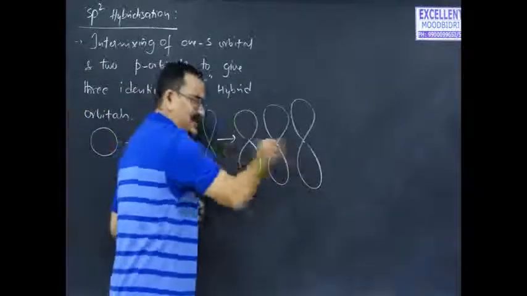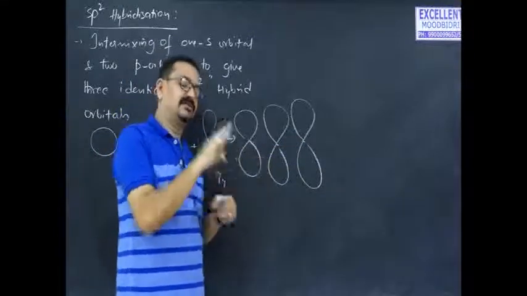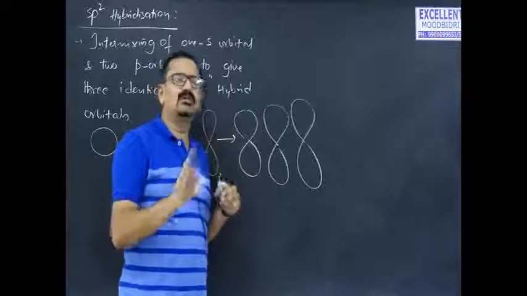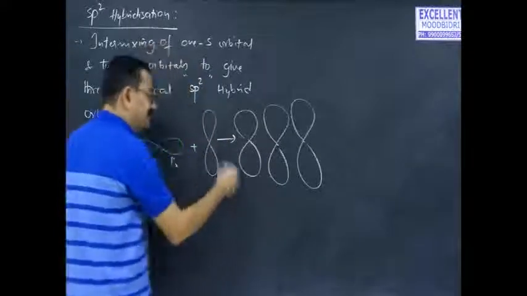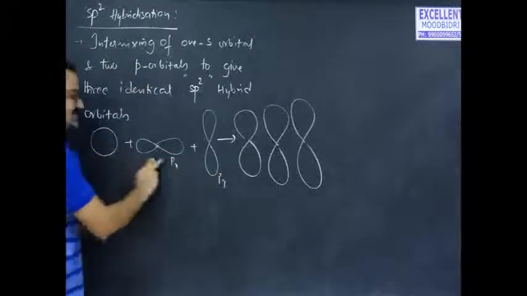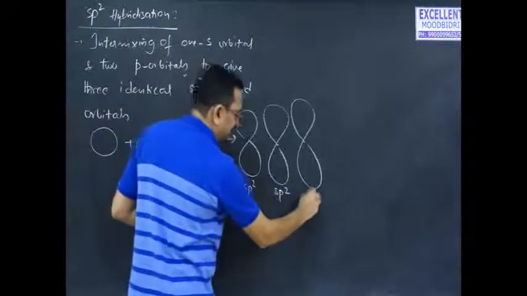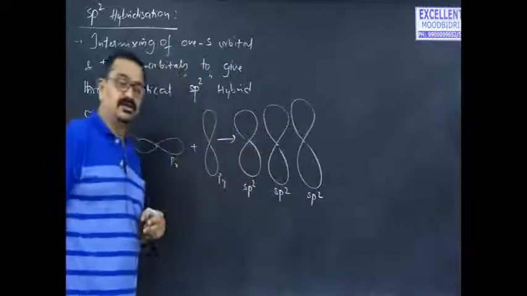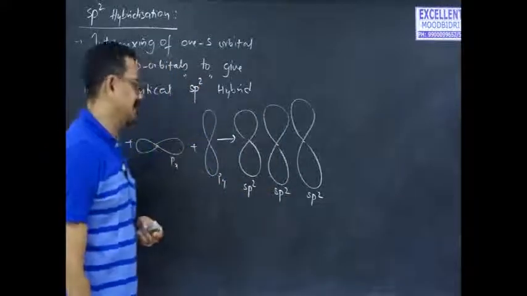Here they may look different, okay. So, these three obtained hybrid orbitals are of equivalent shape and energies, everything will be equal, right? And as they are formed by mixing of one s and two p orbitals, each hybrid orbital is named sp2. So, thus three sp2 hybrid orbitals are generated.